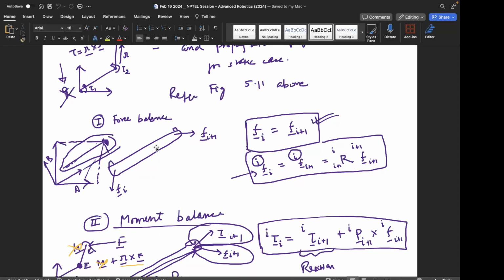Since we are considering the static case, there are no accelerations, right? And we can just say that Fi is equal to Fi plus 1.